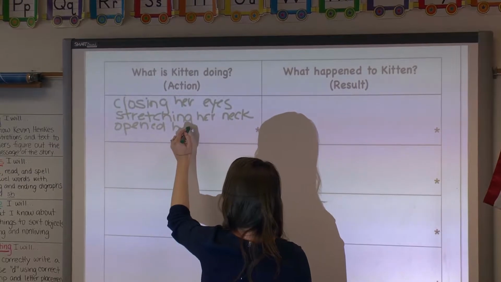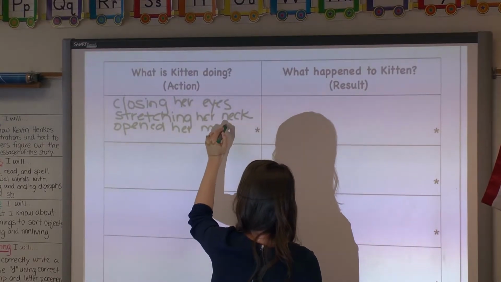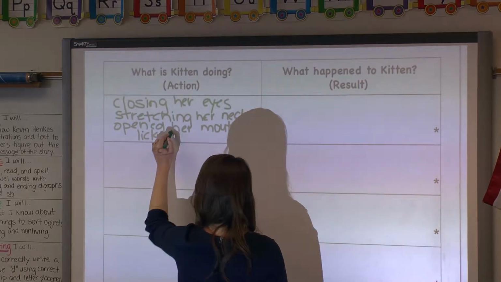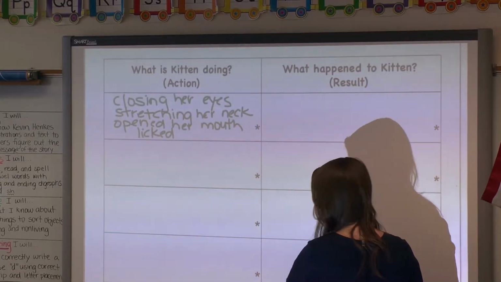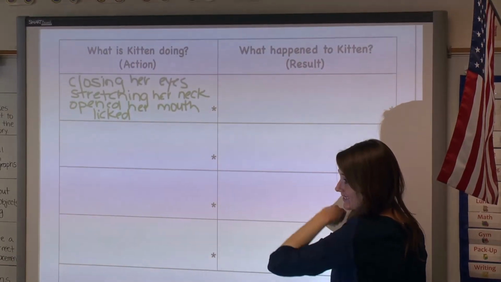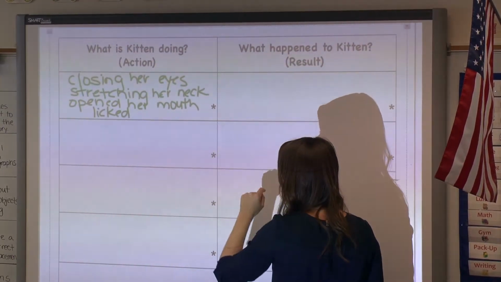So look at all those things, those actions that she did. That's a lot. So now, she tried all those things. We're gonna go and see what happened to Kitten after she did that.